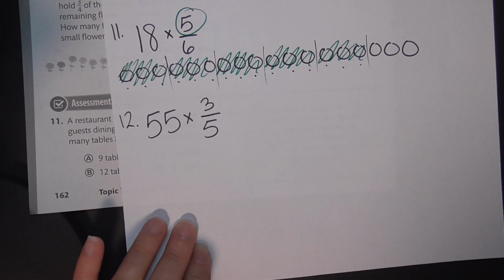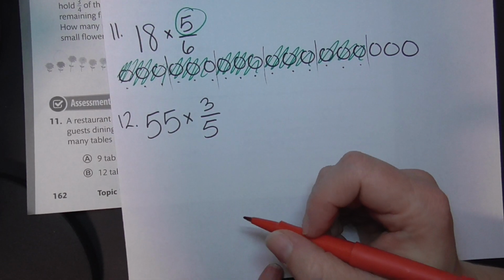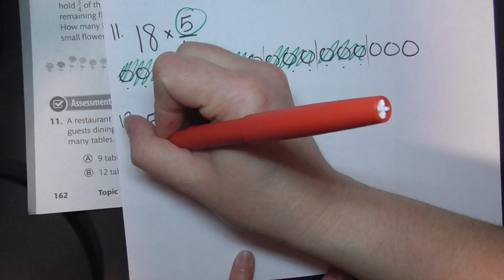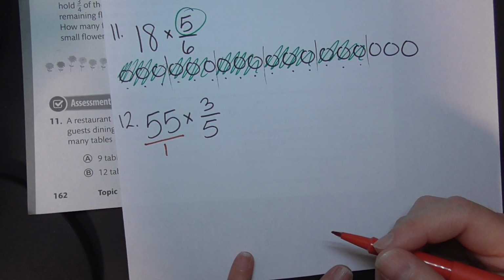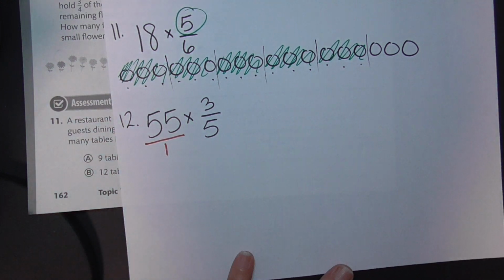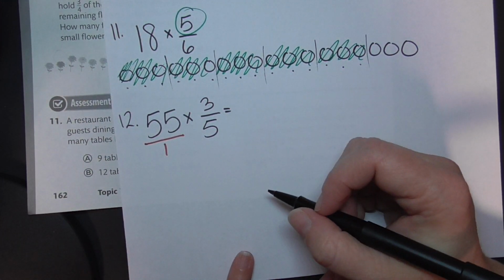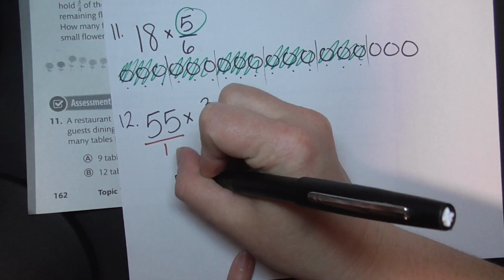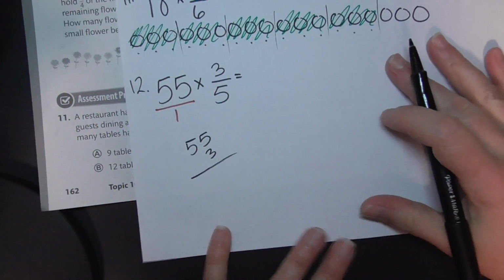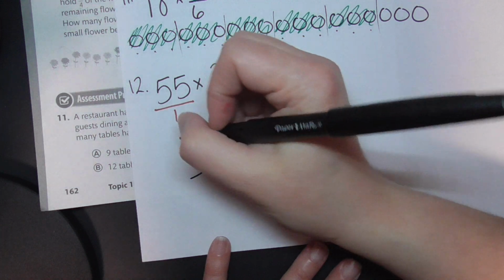Now, there is no way that Miss Cosmos is making 55 little circles, so we are going to have to do our super secret method of putting this 55 over a 1 and multiplying across. So, 55 times 3. Again, these are really big numbers. I am not doing that in my head, so I'm going to come down here and I'm going to work this problem out using standard algorithm multiplication.